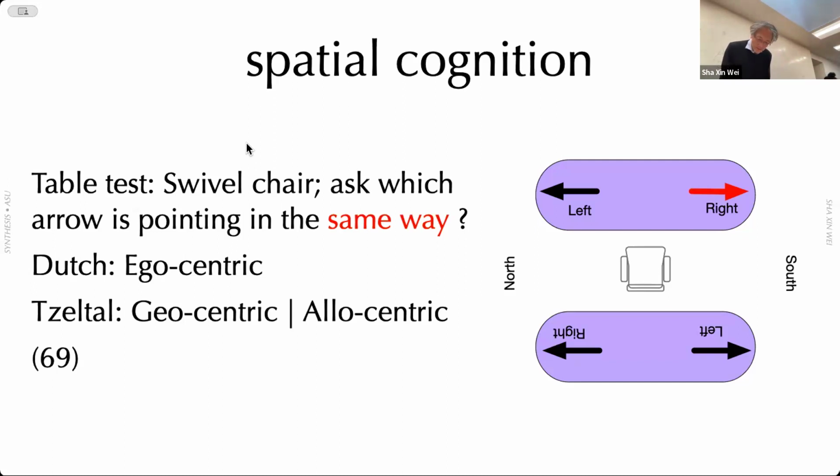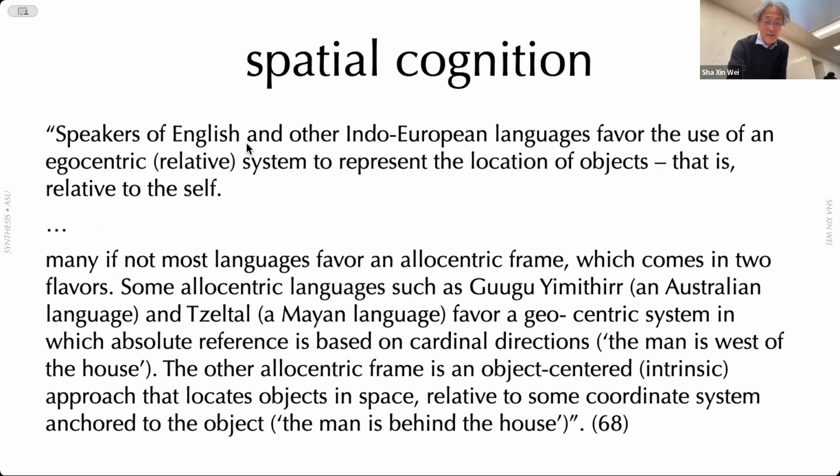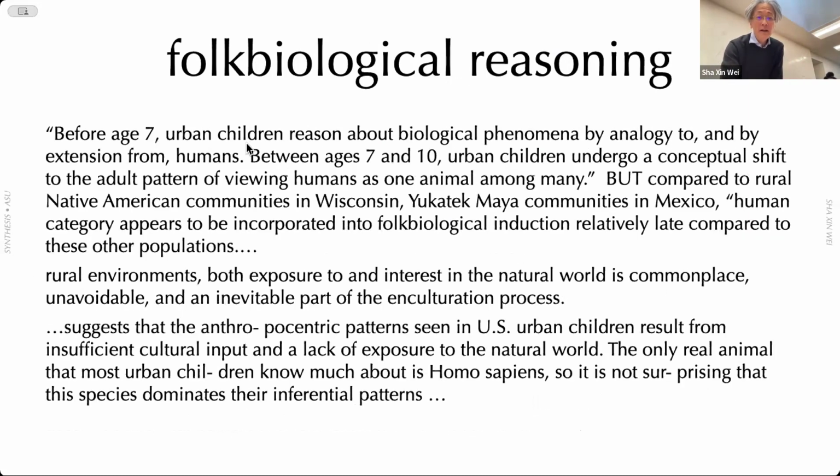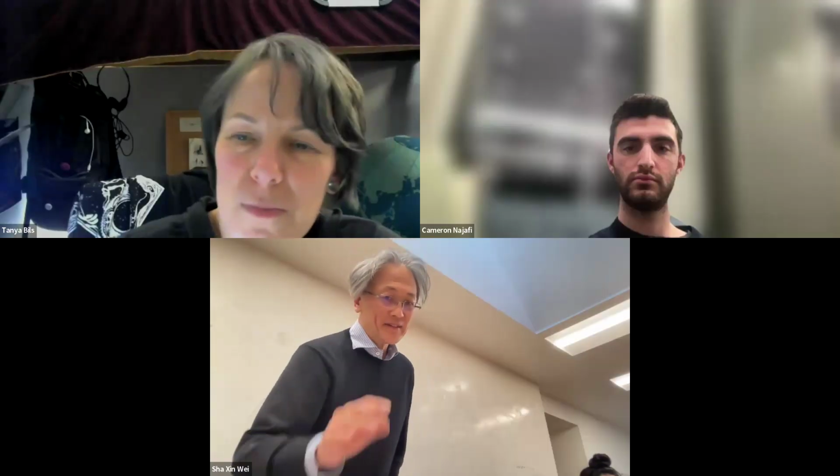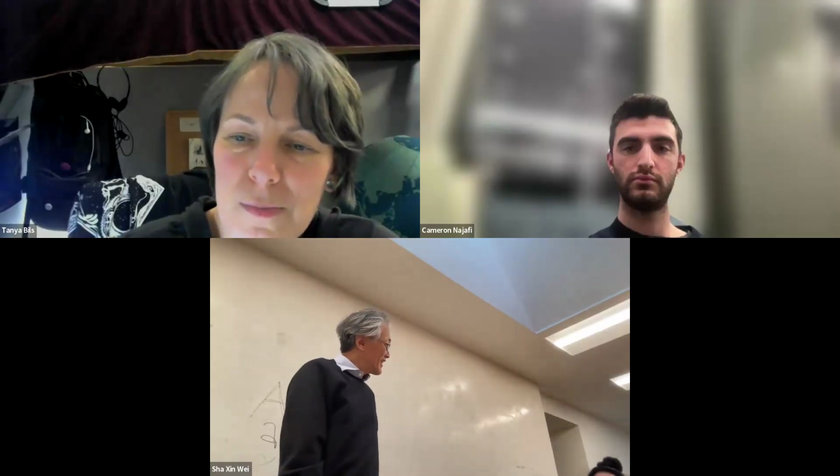Okay, so folk biological reasoning. I think that was really interesting too. Let's go back to here. Super interesting. I'm using words to remind myself, but they use this notion of folk biological reasoning.